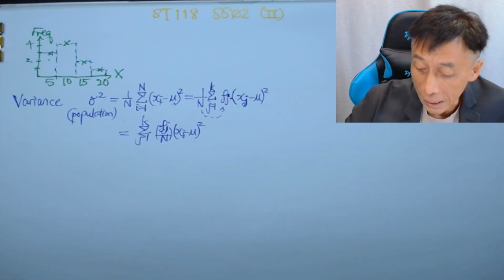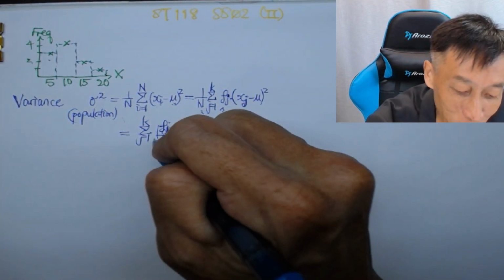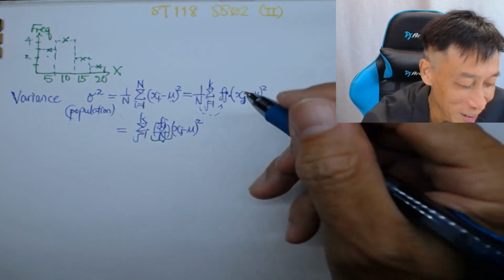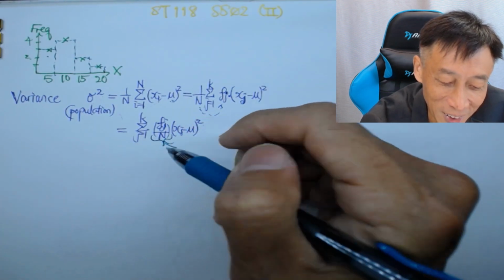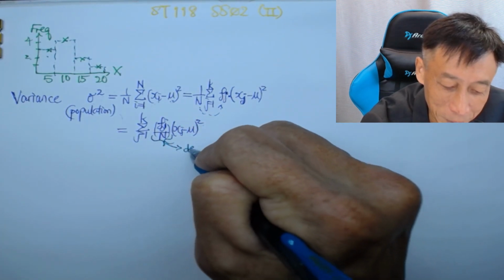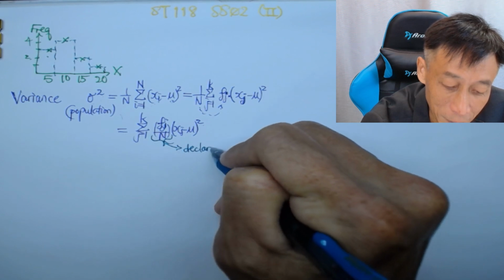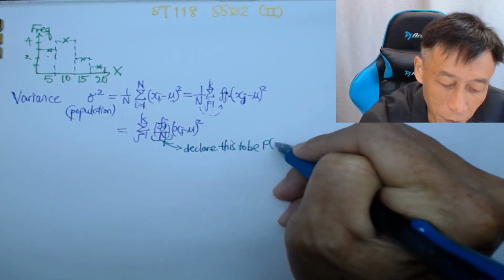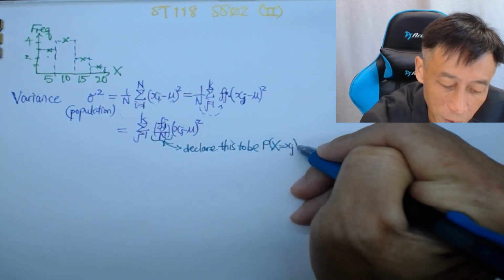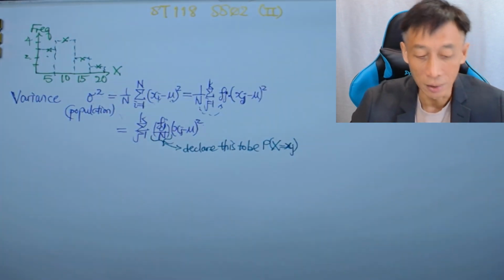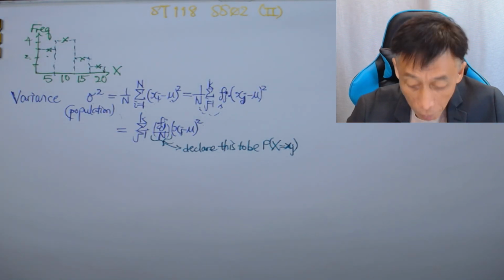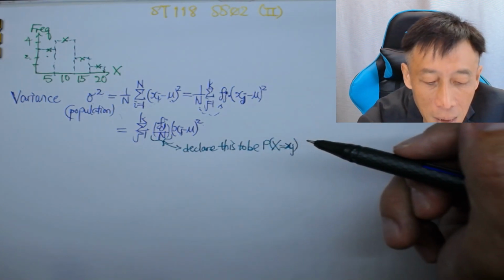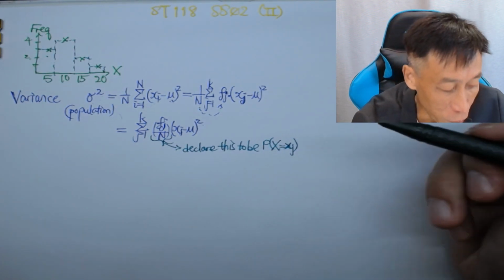And somebody, the textbook or the exam question or your project, can declare this to be P of X equals xj. So somebody asserts that the relative frequency that was observed in the past can be assumed to be true in the immediate future.